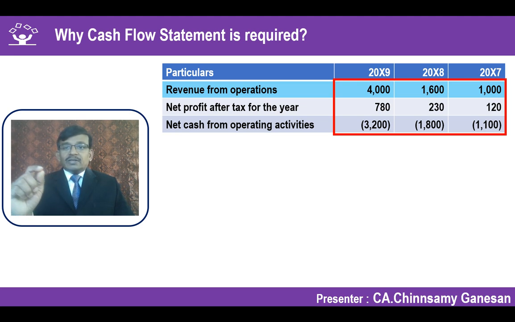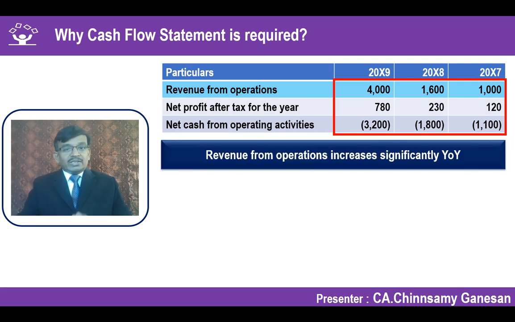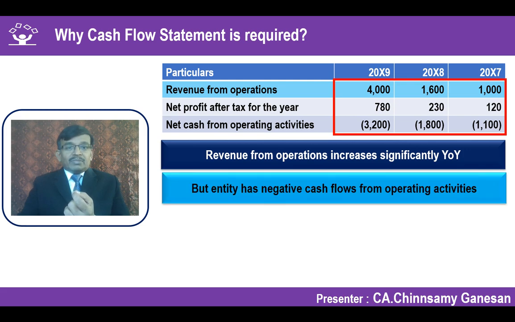It shows a negative net flow in all the years, and the negative flow also increases significantly from 2017 to 2019. So in simple terms, the revenue from operations increases significantly year on year, but the entity has negative cash flows from operating activities every year, and that also increases significantly year on year.